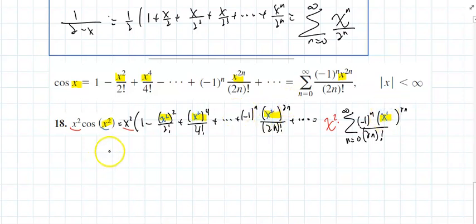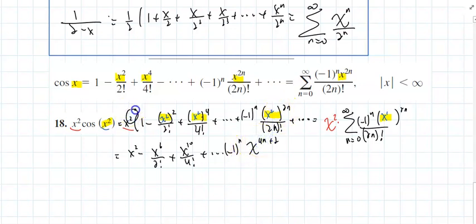So altogether, I would say that is x squared minus, this is x to the 4th, that's x to the 6th over 2 factorial plus, this is x to the 8th, that's x to the 10 over 4 factorial plus, this is going to be x to the 4n plus 2 from that, divided by 2n factorial.